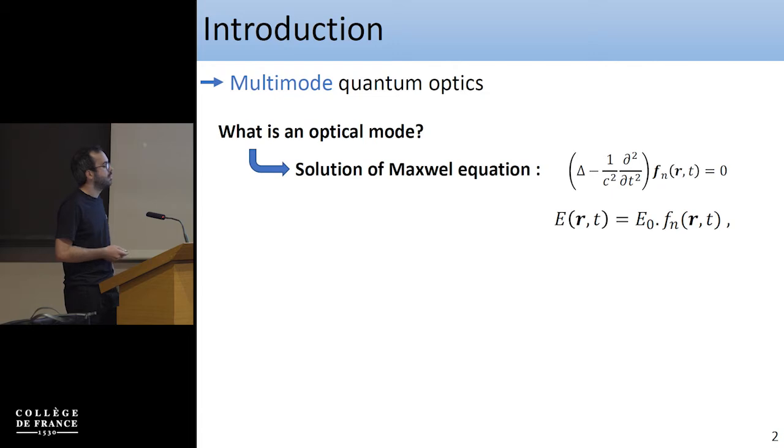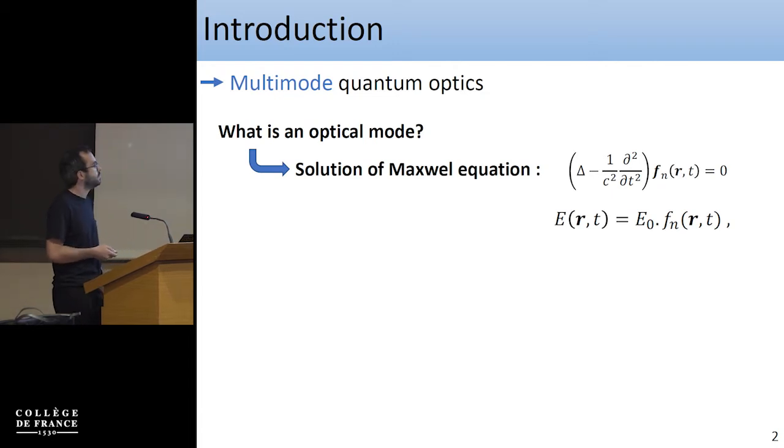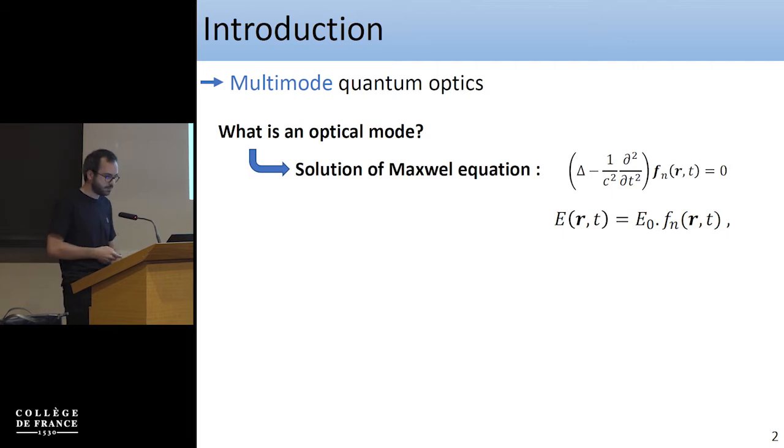So I define a mode as the solution of this equation. Basically, I can write my field like this, and my mode is f. All the information about the mode is the function f, which is a solution of the Maxwell equation.